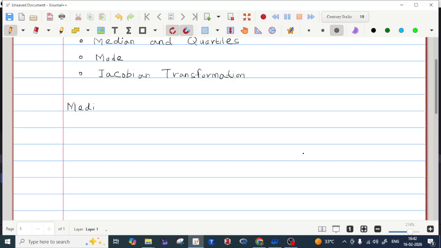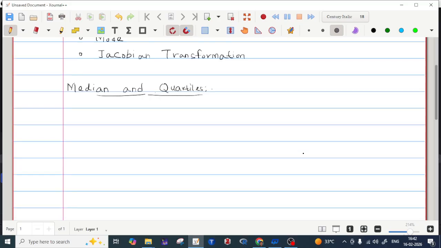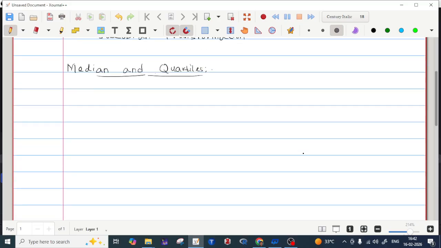Median and quartiles. First, let's discuss the concept of median. Suppose capital X is a continuous random variable, and f of x is its PDF.